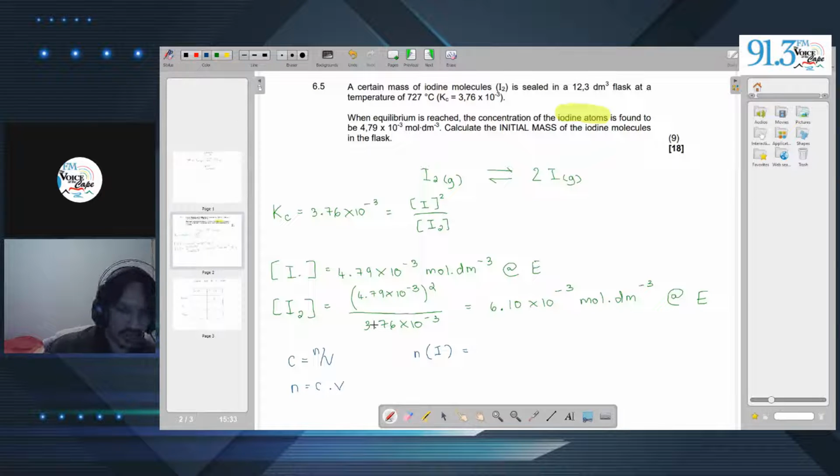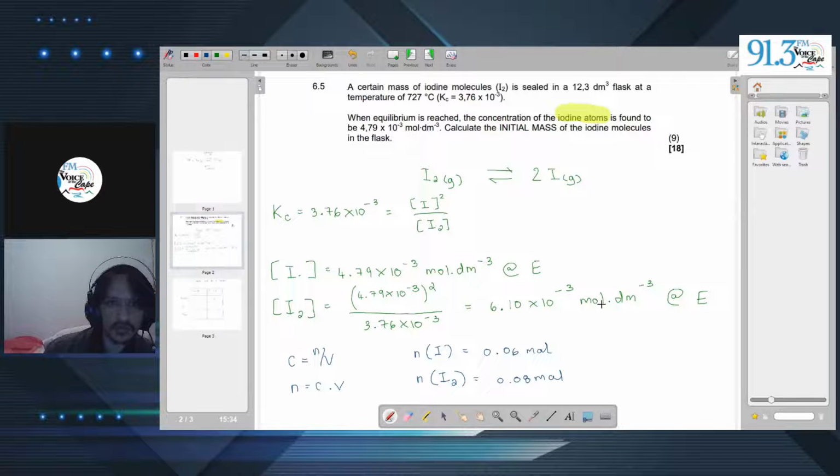And that gives me a value of 0.06 mole, rounding up. For the number of moles of iodine molecules, we do the same thing: 6.10 times 10 to the minus 3 times 12.3, and that gives me a value of 0.08 mole.